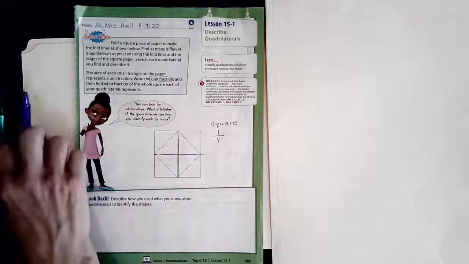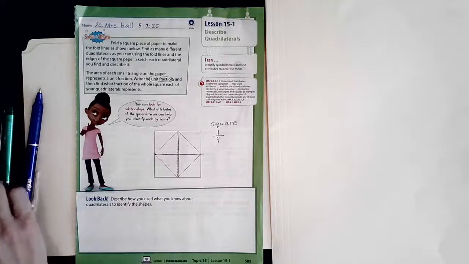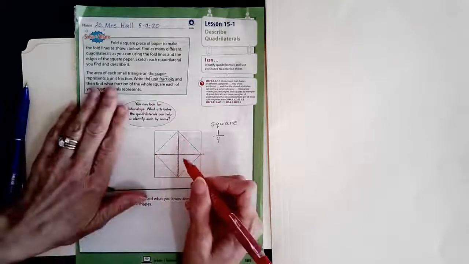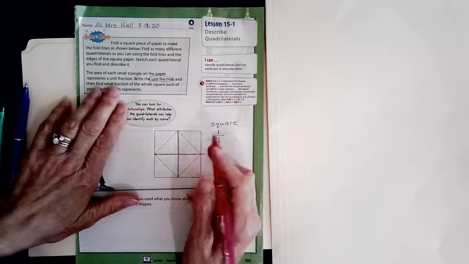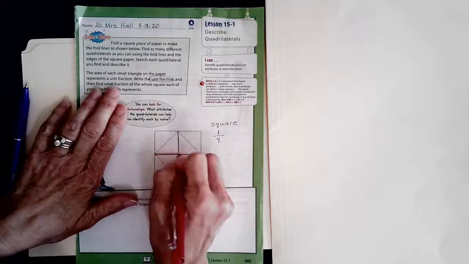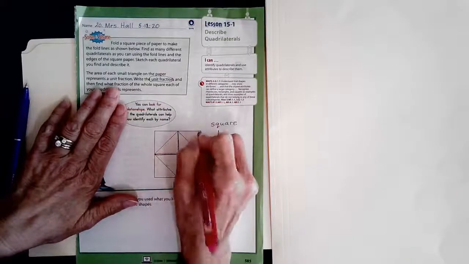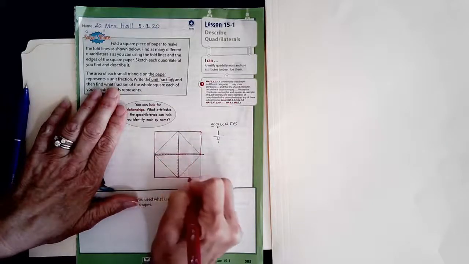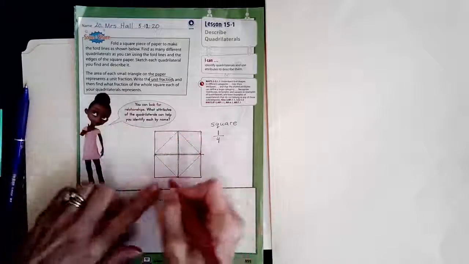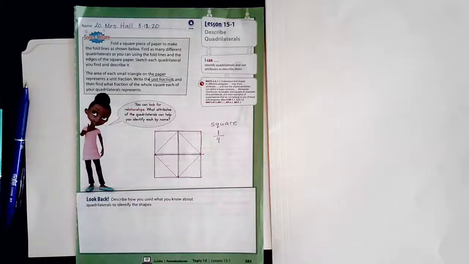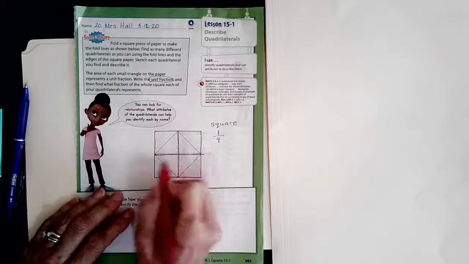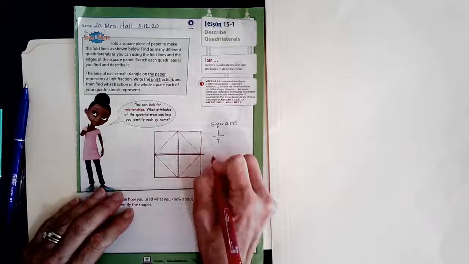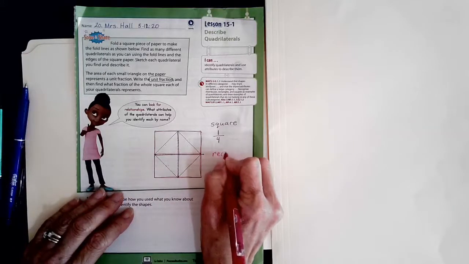But let's say that we took that same piece of paper and I only divided it in half. When I divided it in half, how many shapes would I end up with if I took that same square and divided it only one time in half? I would have ended up with a rectangle, 2 of them.